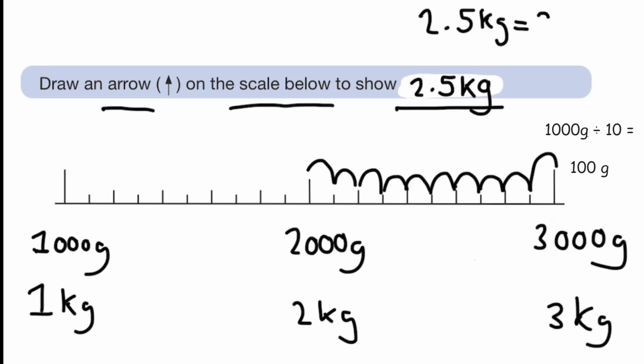As we're trying to find 2.5 kilograms, and we know that 2.5 kilograms is equal to 2,500 grams, then we need to start at 2,000 and go up 5 increments to get to 2,500 grams, and that's where we draw our arrow. So well done!